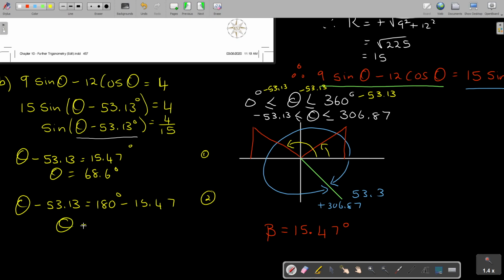And then this theta is going to be 180 minus 15.47 plus 53.13, and that is going to be 217.7 degrees. And that is your answer. So therefore, you don't have to say, I just do it for the video's sake. So it's 68.6 degrees and theta is 217.7 degrees. That's your answer.